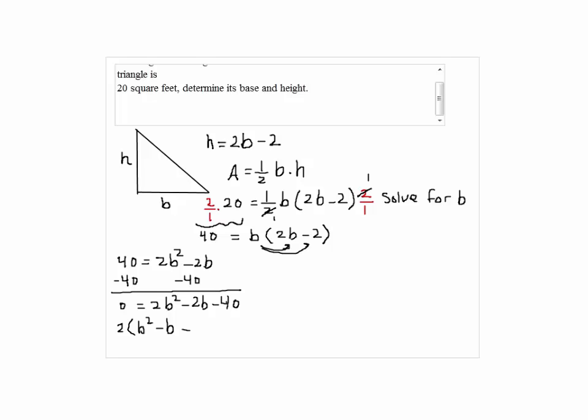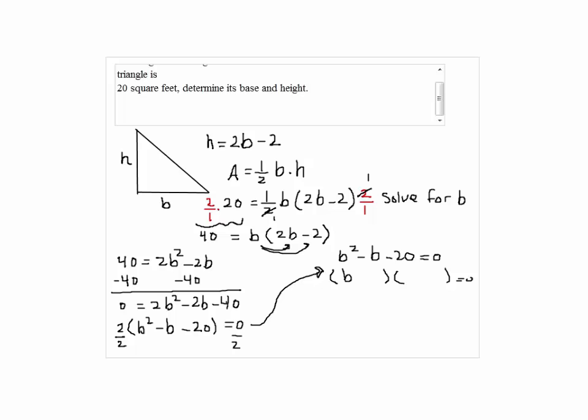If I subtract 40 from both sides of the equation, I would get 0 here, and then 2b squared minus 2b minus 40. So this is my second order equation where I have to solve for b. I see 2 in common, so I can factor that out.